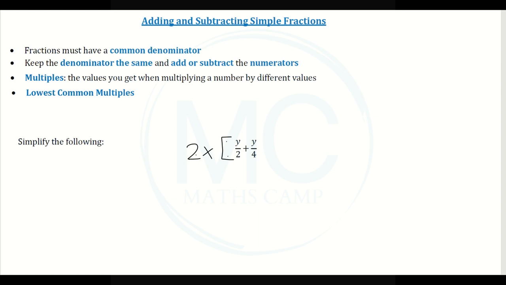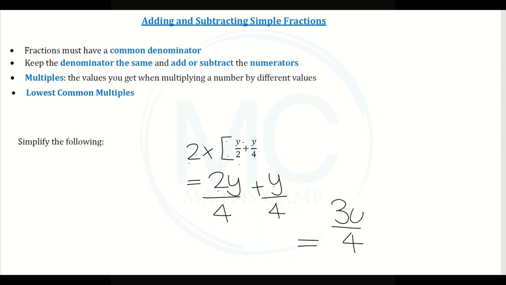So we're going to say 2 multiplied by y, and it will give us 2y. 2 multiplied by the denominator 2, and we get a denominator of 4. Now we can add y over 4. Our denominator is 4, so let's put this over here. Now we can add 2y plus y, and we get an answer of 3y.